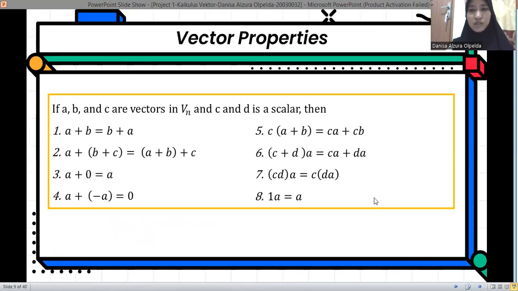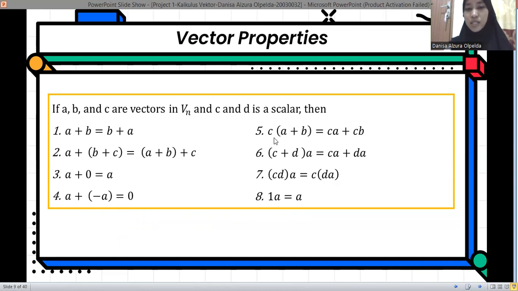Vector properties. If A, B, and C are vectors in Rn and C and B are scalars, then first, A plus B is equal to B plus A. Second, A plus B plus C is equal to A plus B plus C. Third, A plus 0 is equal to A. Fourth, A plus minus A is equal to 0.